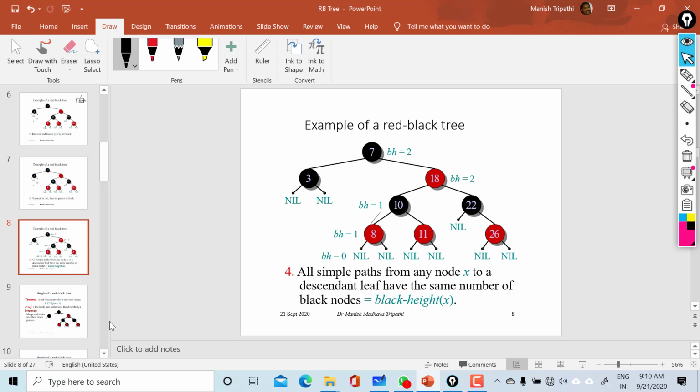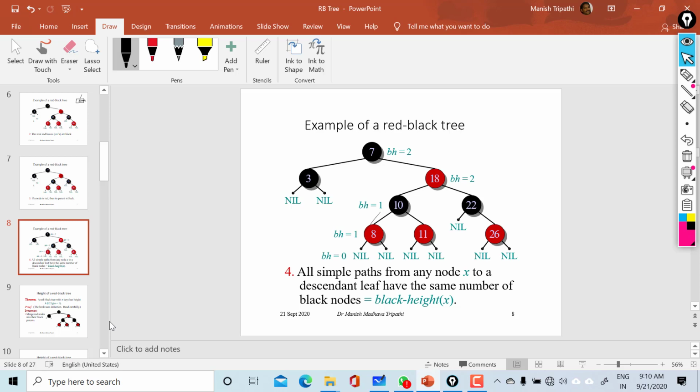In the other branch, the black height is again 2. And in the rightmost branch, the black height is 2, because 7 and 22 are the two black nodes. Because the black height is 2 in every branch, the black height is constant, so this property is also satisfied.